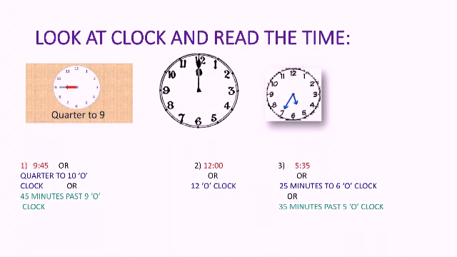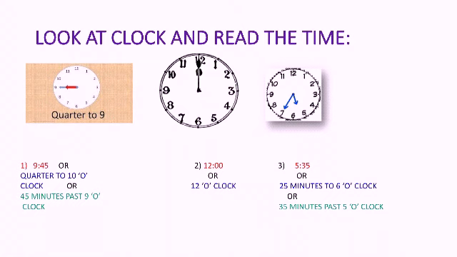Why 25 minutes? Look here. When the minute hand is pointing at 7, how many numbers are left till we go to 12? 8, 9, 10, 11, 12. 5 numbers are left. So if you multiply 5 5s are 25. That is 25. Each number represents 5 minutes. Like 8 means 5 minutes, 9 means 5 minutes, 10 means 5 minutes, 11 means 5 minutes, 12 means 5 minutes.